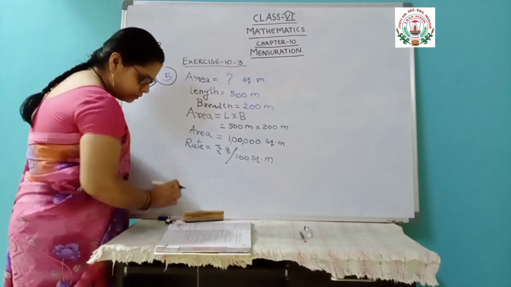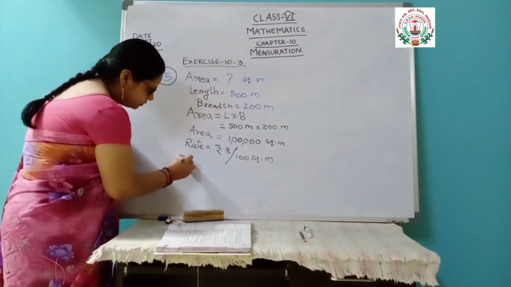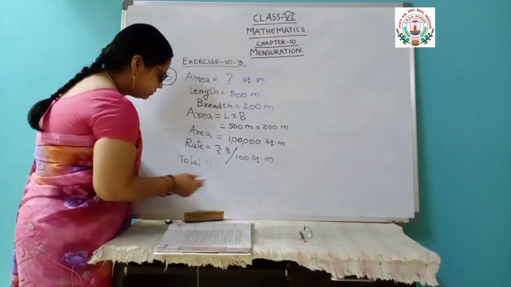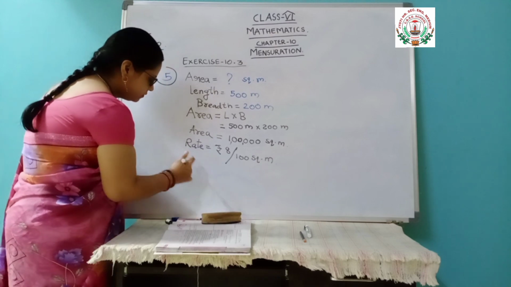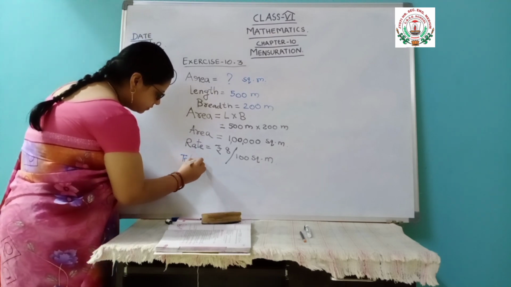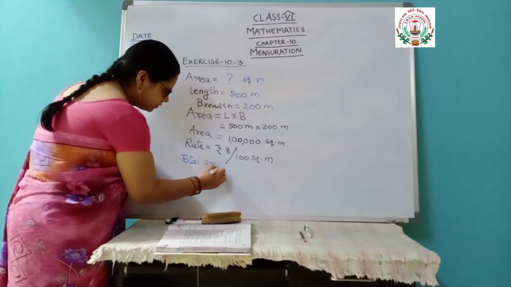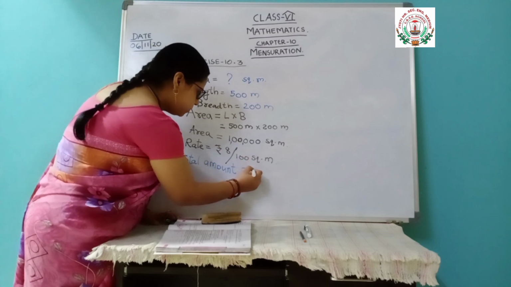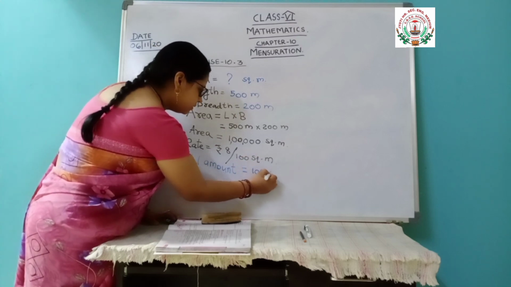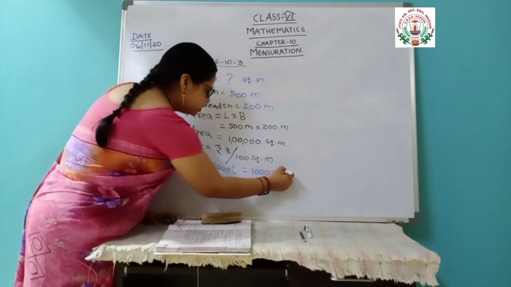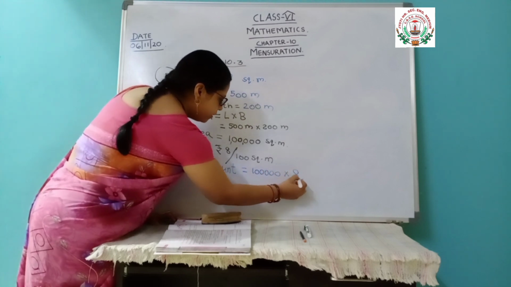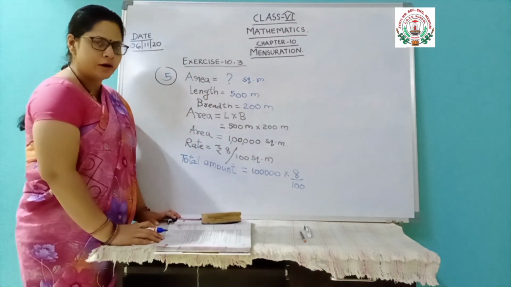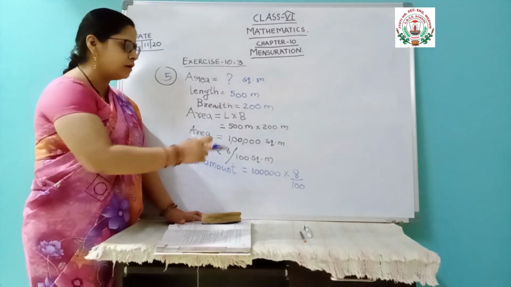So how will you find out the total amount? This much into 8 by 100. You will write 8 by 100 only, because it is for 100 square meter that you are using rupees 8.